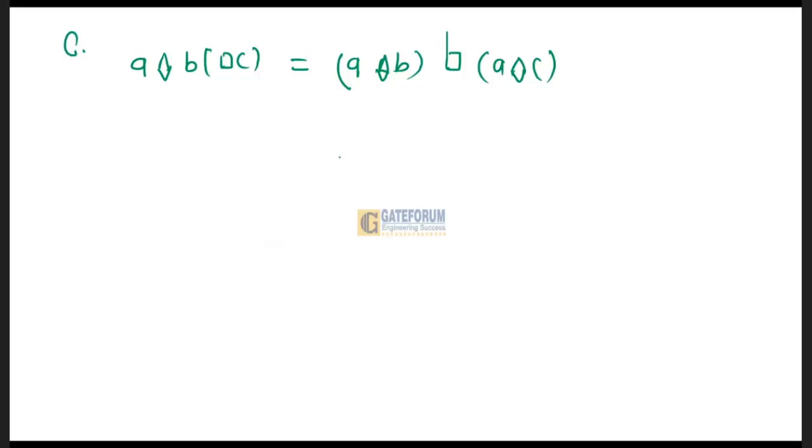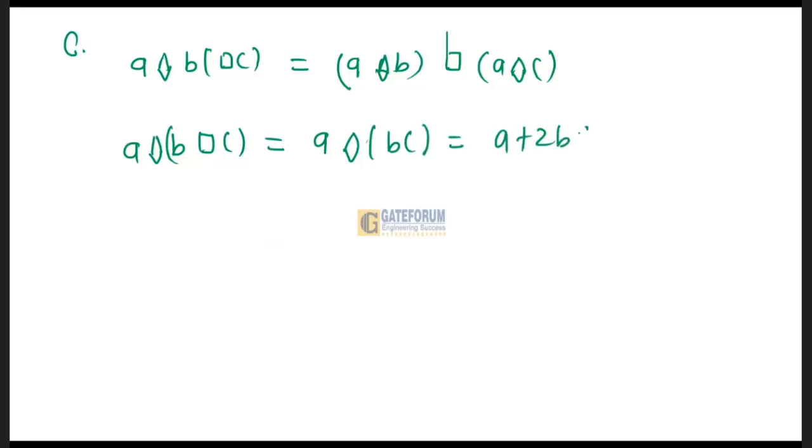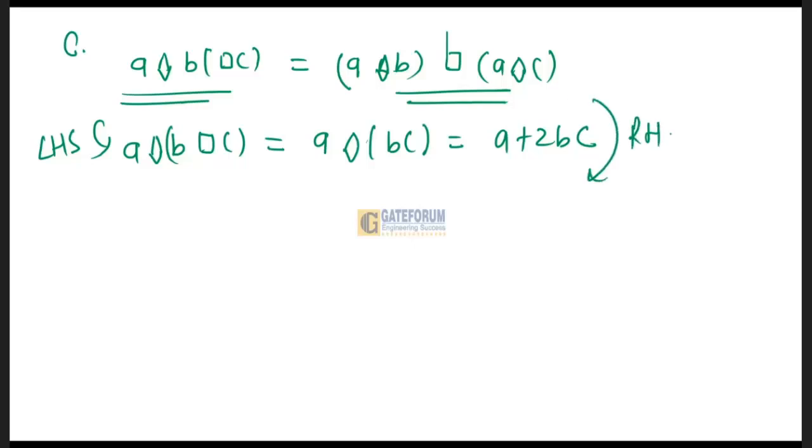So if you try to solve it, A diamond B rectangle C is A diamond BC, and I can write it like A plus 2BC. This is for LHS, which I have done. Now I am performing it for RHS.